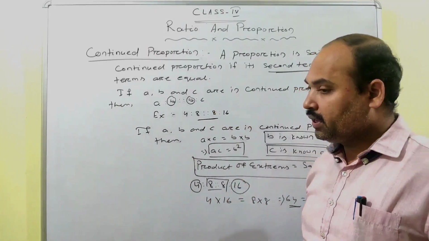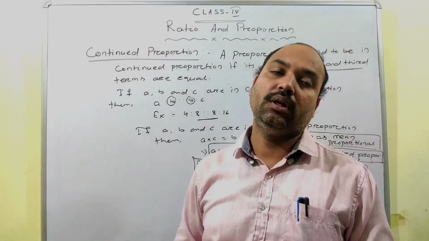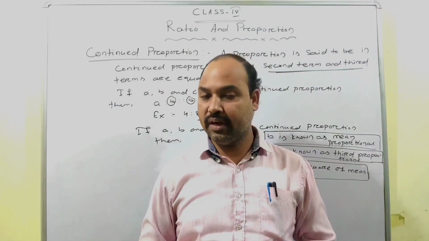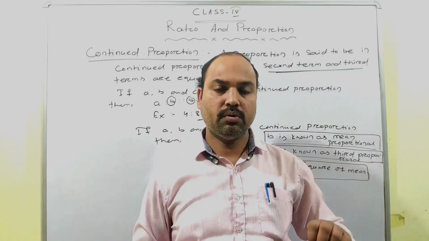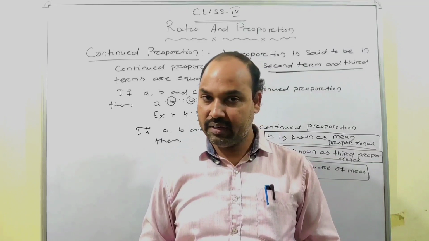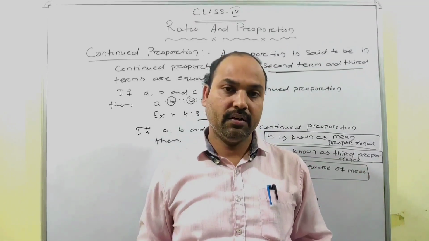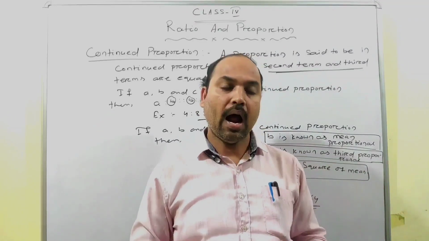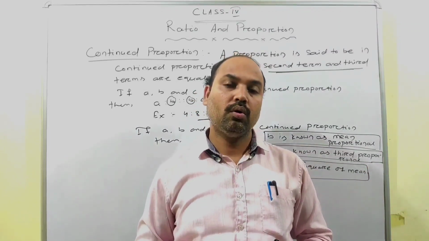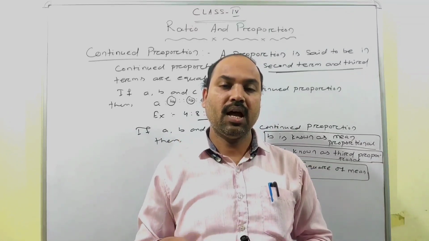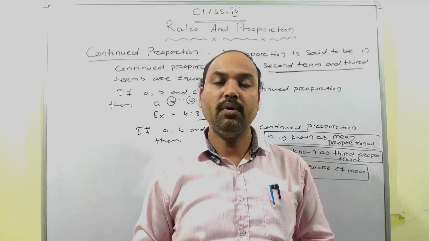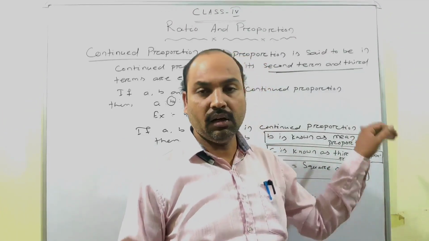So here we discuss ratio and proportion, the basic things. What is called ratio? It has no unit. What is called proportion? What is the formula? To know whether four terms or three terms are in proportion or not, we have to apply the formula.